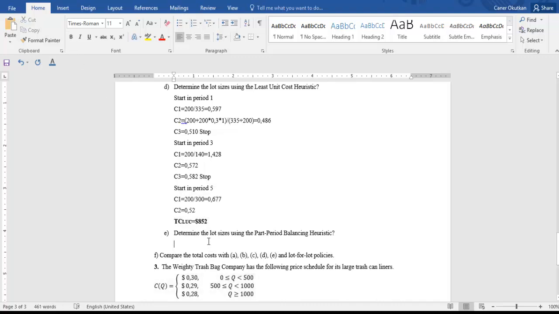So determine the lot size using the part period balancing heuristic. In part period balancing we find holding cost, we find setup cost, and holding cost minus setup cost we calculate, and absolute difference of cost we use.